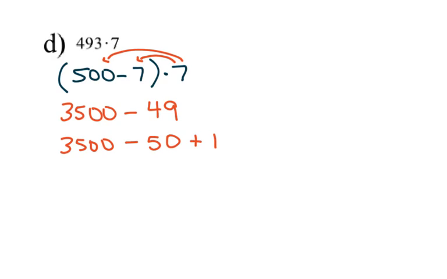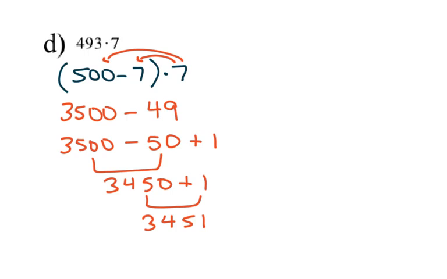So if I take 3,500 and I subtract 50, I get 3,450. And then if I add one more back, I get 3,451 as my answer.